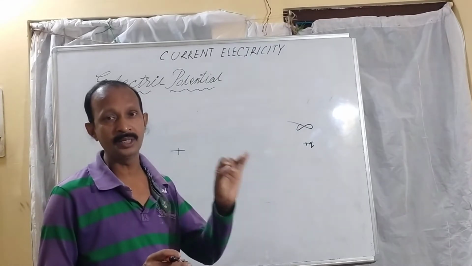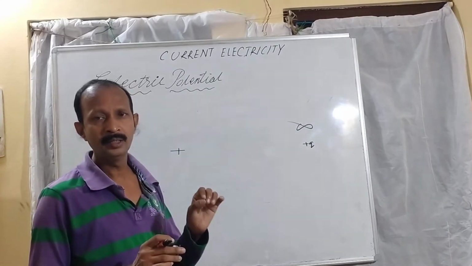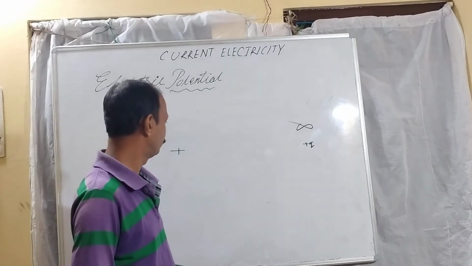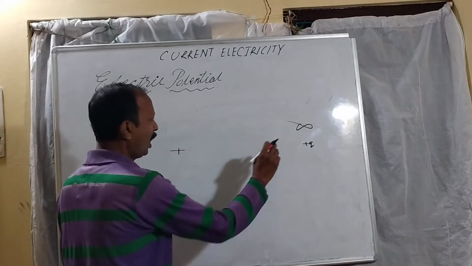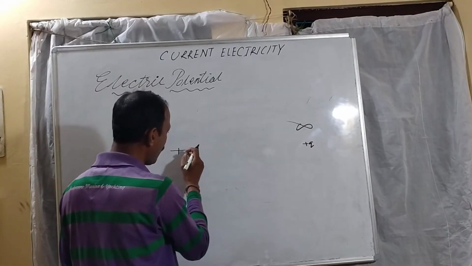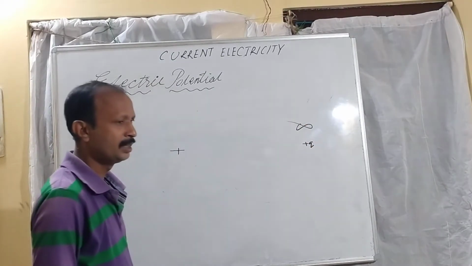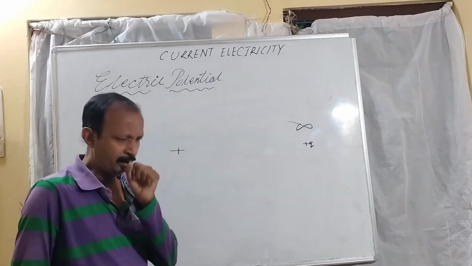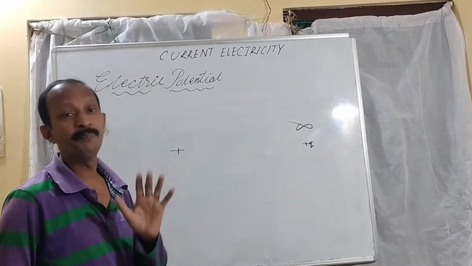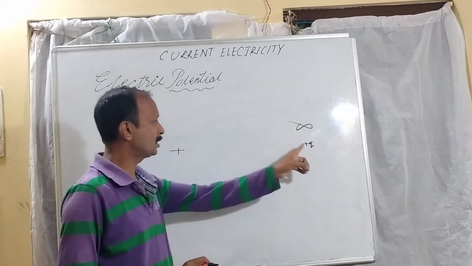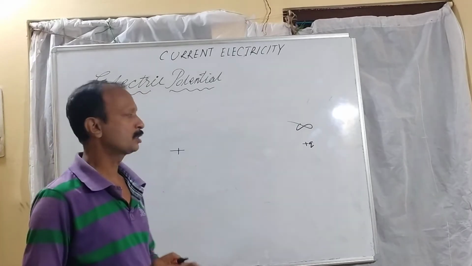That much small you think. So this is a very small positive charge particle. Now I want to bring this charge particle from infinity towards this positive charge particle. So what will happen? Definitely there will be a repulsion, because this is a positive charge particle, and this is also a positive charge particle.